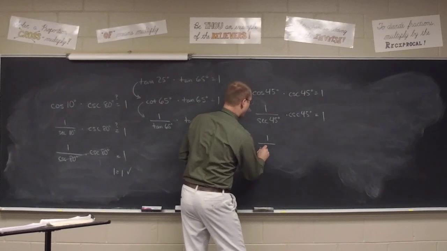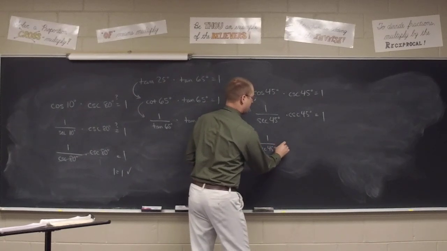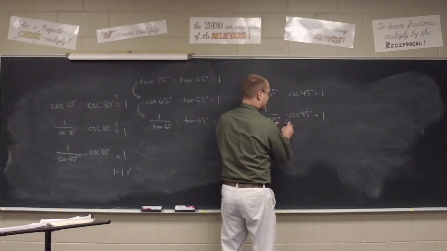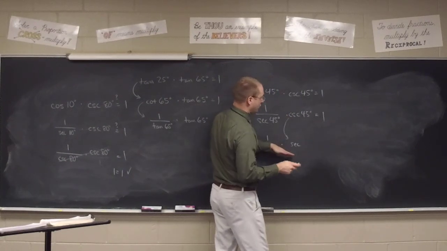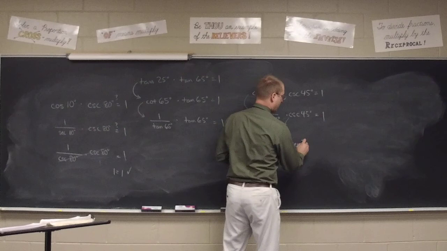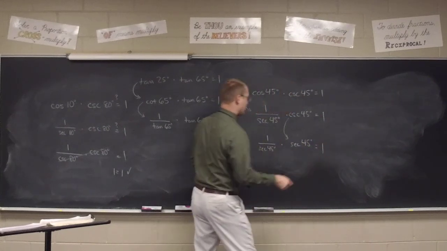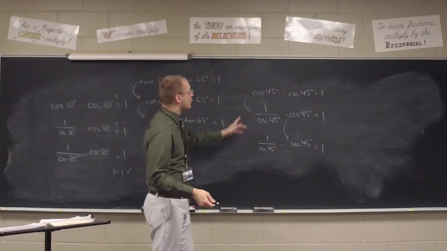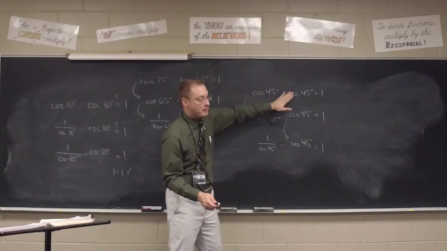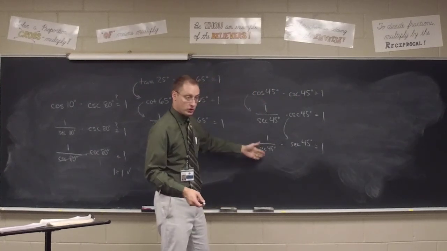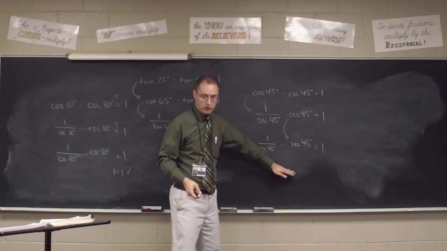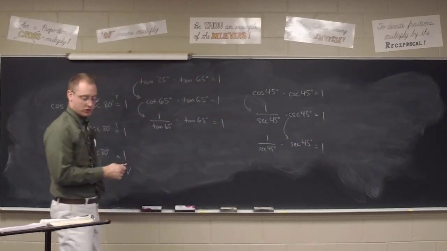So if I leave the 1 over secant 45, then I can change this into its cofunction, secant. And if I change the cofunction, I also need the complementary angle, 45. And sure enough, they're going to cancel. So even though cosine and cosecant can't become each other, they can both become secant. One by means of a reciprocal, one by means of a cofunction. And they were able to cancel each other that way.